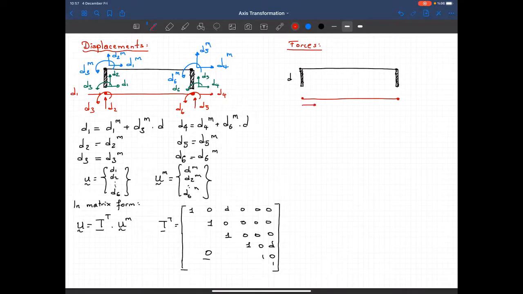So the forces, the internal forces are F1, F2, F3, F4, F5, and F6. And here I have the forces at the transformed axis, F1M, F2M, F3M.